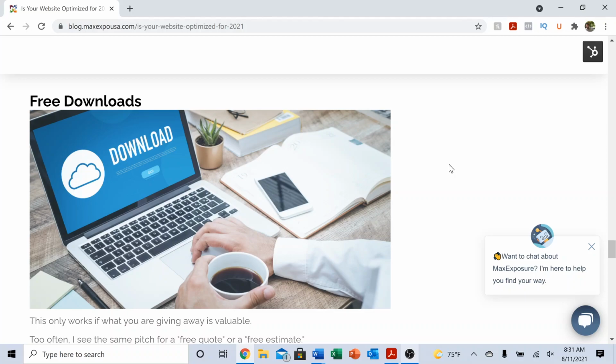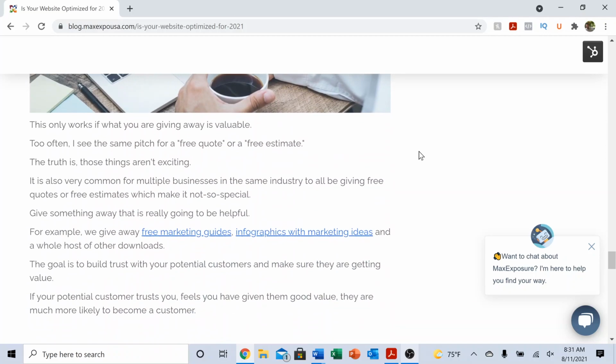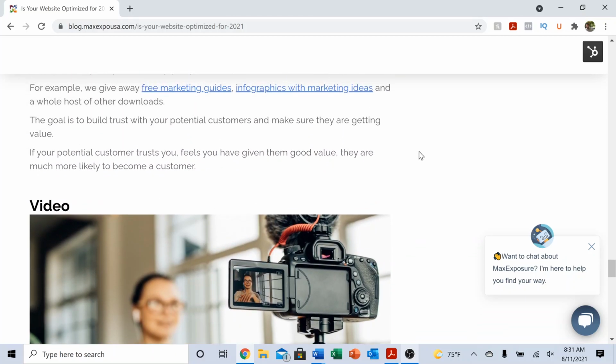So if your competition in your immediate area is also doing free estimates, I wouldn't consider that something really of value. It doesn't mean that you should get rid of doing a free estimate, but don't think that people are jumping at the chance to get a free estimate. It's just not something that motivates people nowadays, in my opinion.